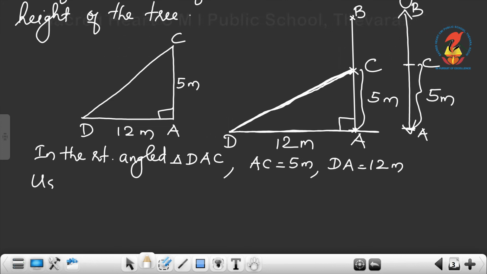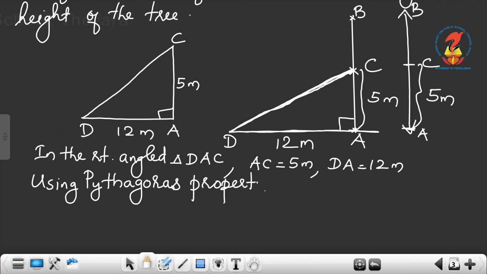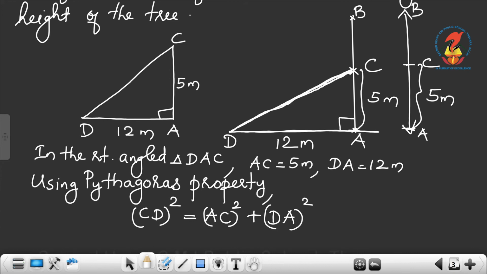Then using Pythagoras property, square on the hypotenuse is equal to sum of the squares on its legs. So, we can write CD square is equal to AC square plus DA square. AC square or CA square, both are same.